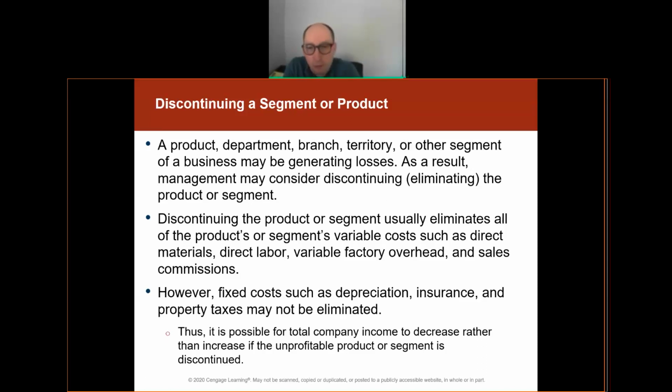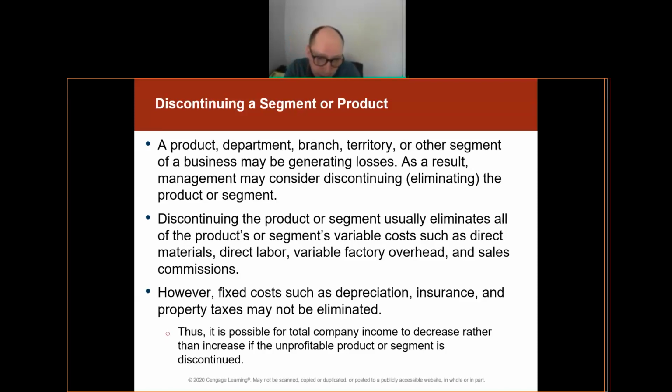Okay, now, what about the decision to discontinue a segment or a product? As you know, over time, things become obsolete. A product becomes obsolete. It is no longer worth selling. The costs become too high. There's a number of reasons why we would discontinue a product or a segment.